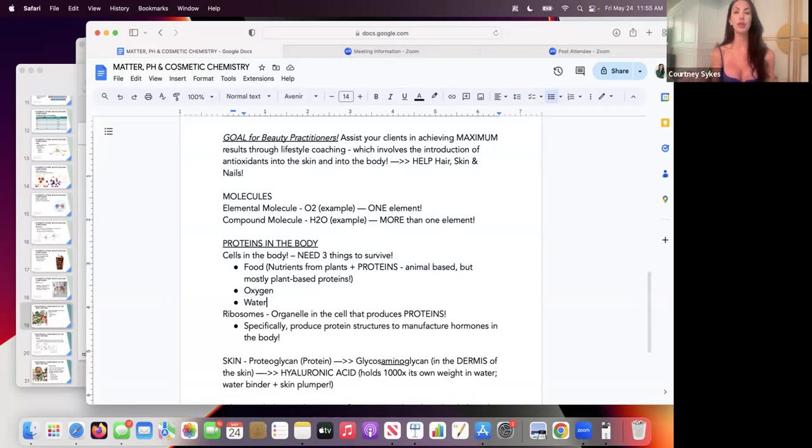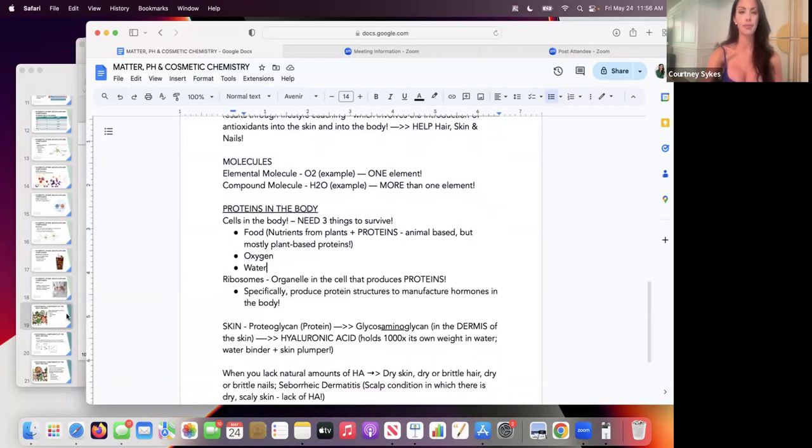Oh man, make sure you have good breathing air in your household. You're not breathing in things from phthalates, from terrible chemicals in cleaning products, or chemicals in your Febreze, your smell-good stuff in your house, your candles, things like that. And then water, drinking lots of water, and of course, applying a lot of water-based topicals to your skin. Those are all very important things.